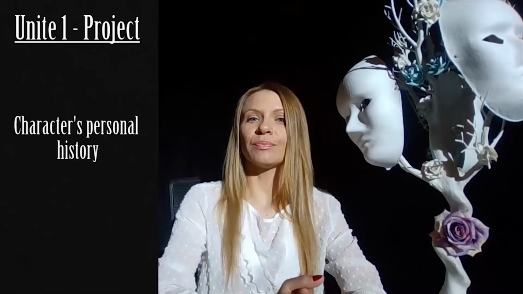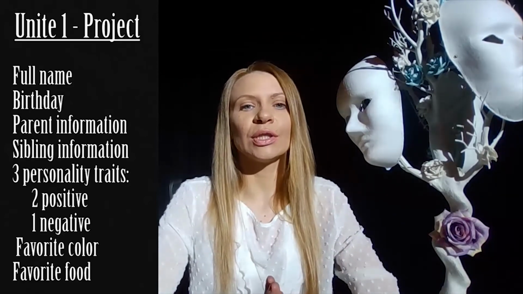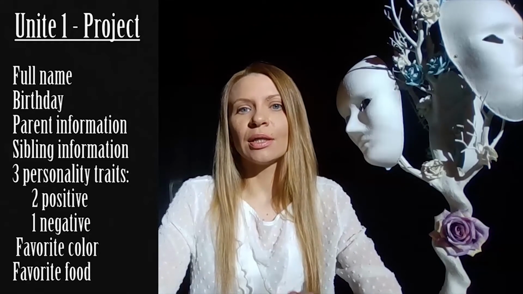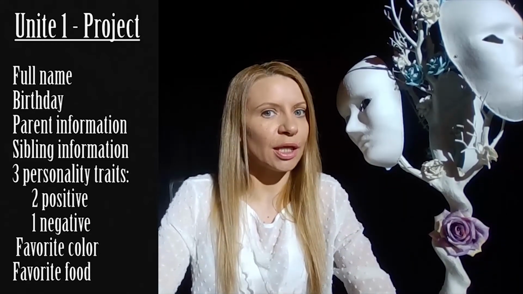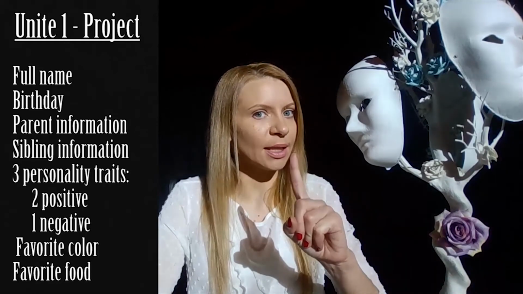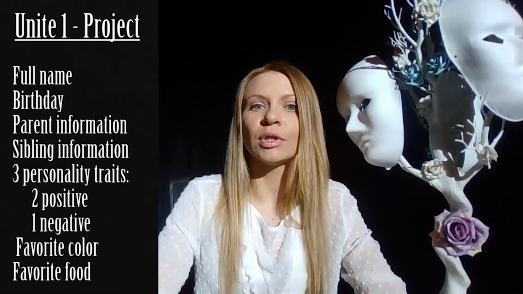What do you include? A brief personal history of the character, answering questions such as full name, birthday, parent information, sibling information, three personality traits, two positive and one negative, favorite color, favorite food.